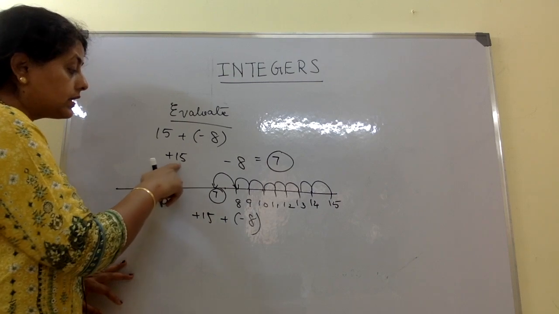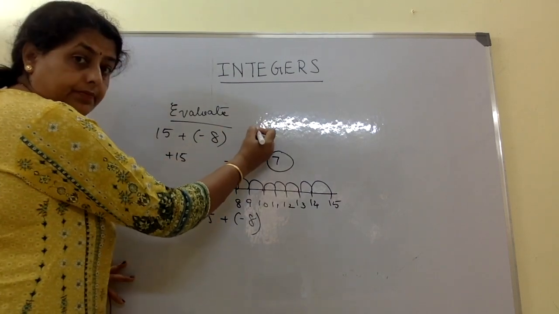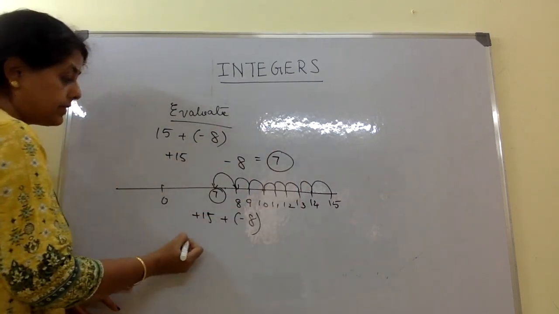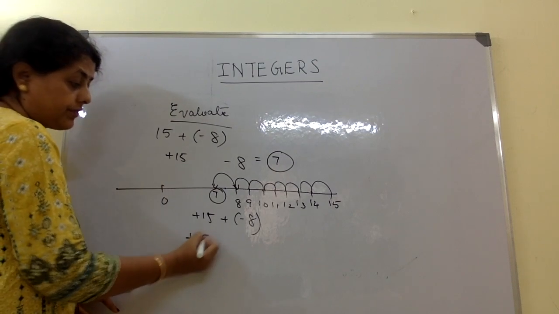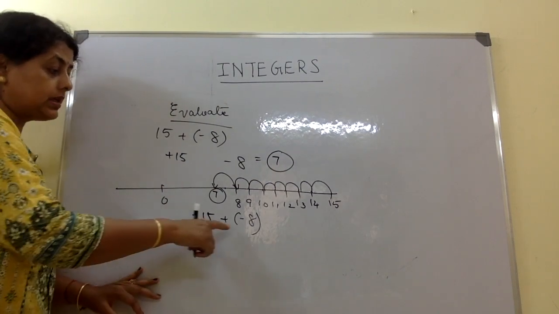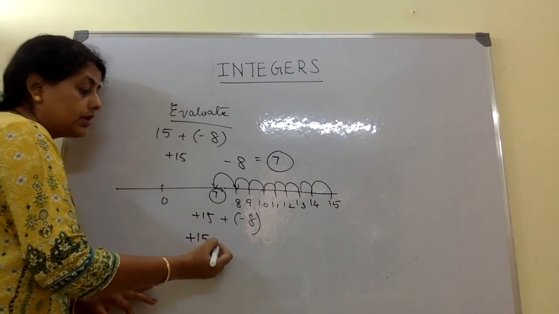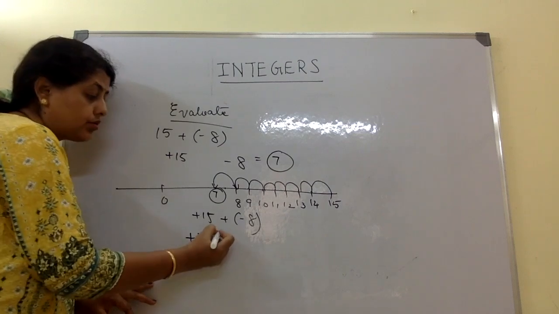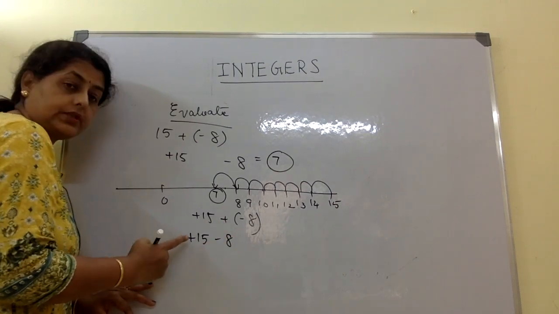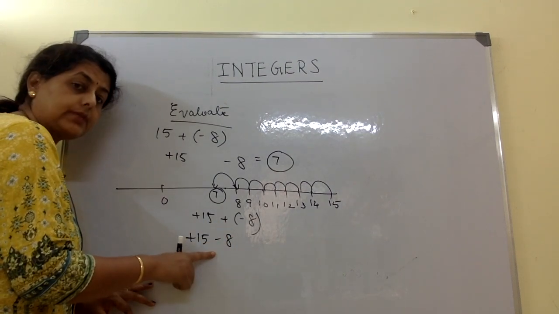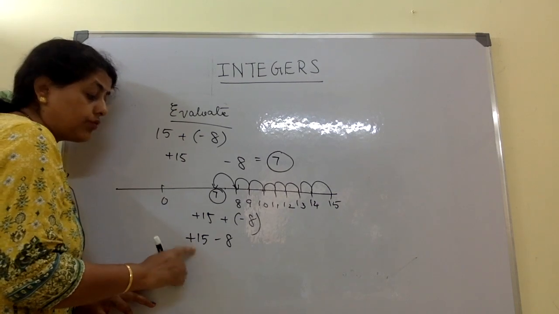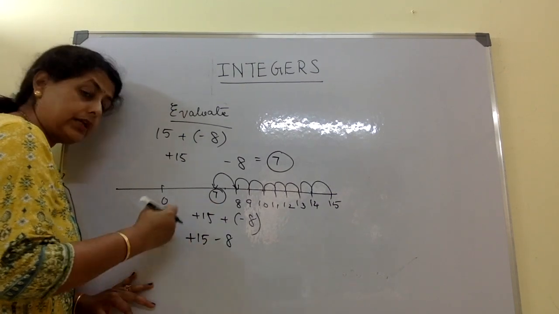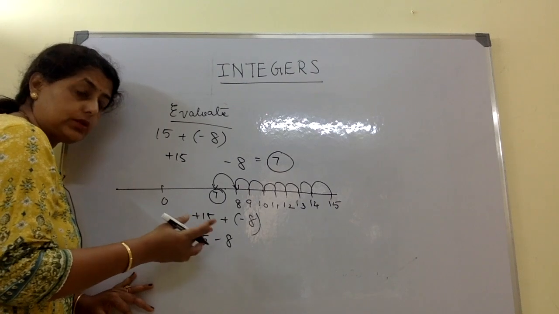One of them is a positive and another one is a negative. Here plus into minus is a minus, so I can write it straight like that instead of this. Now I'm doing this without a number line. Every time I'll do it without a number line, you'll slowly understand.